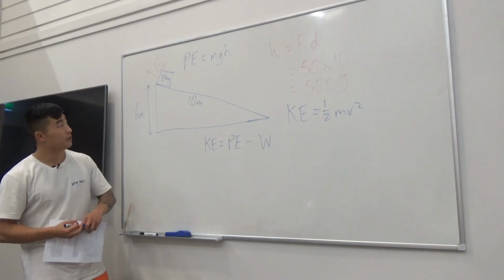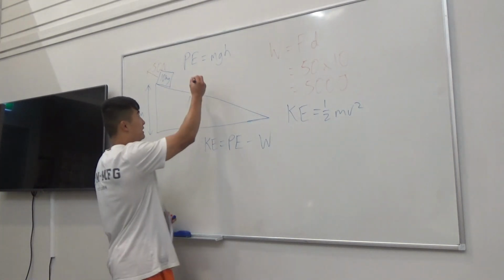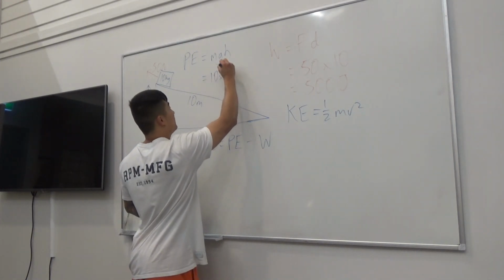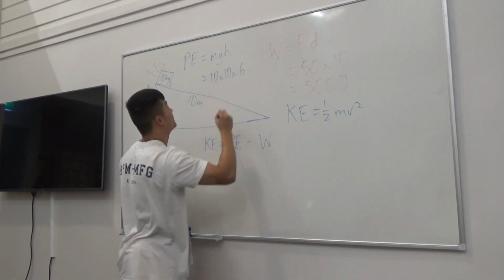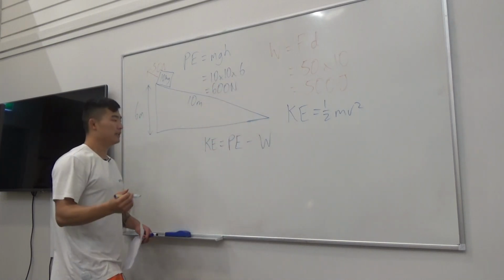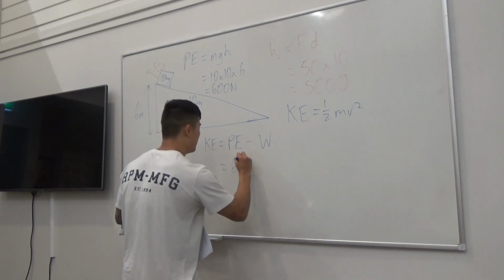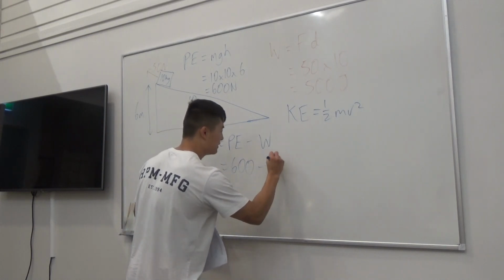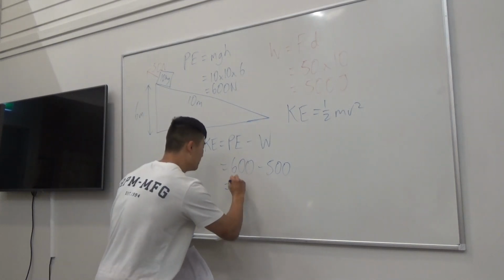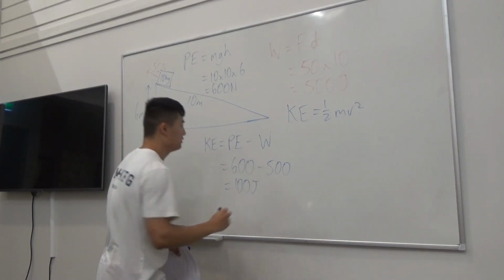If we calculate the potential energy that it had, that'd be 10 times 10 times 6, which is 600 joules. So 600 minus 500 leaves us with 100 joules.